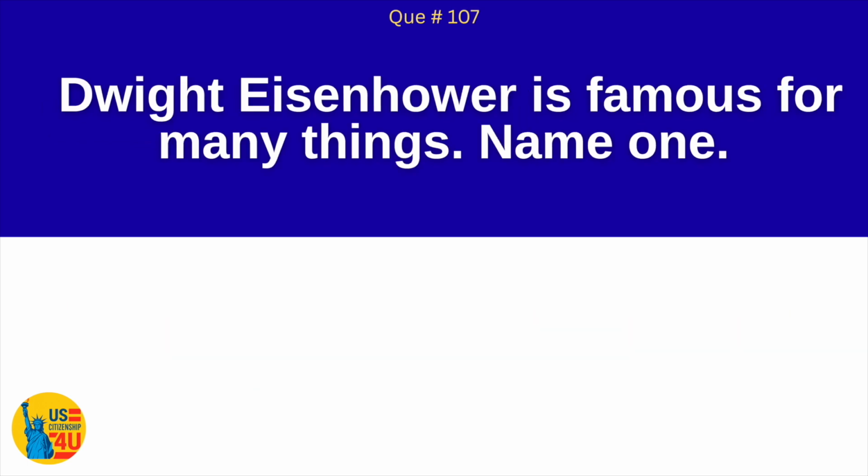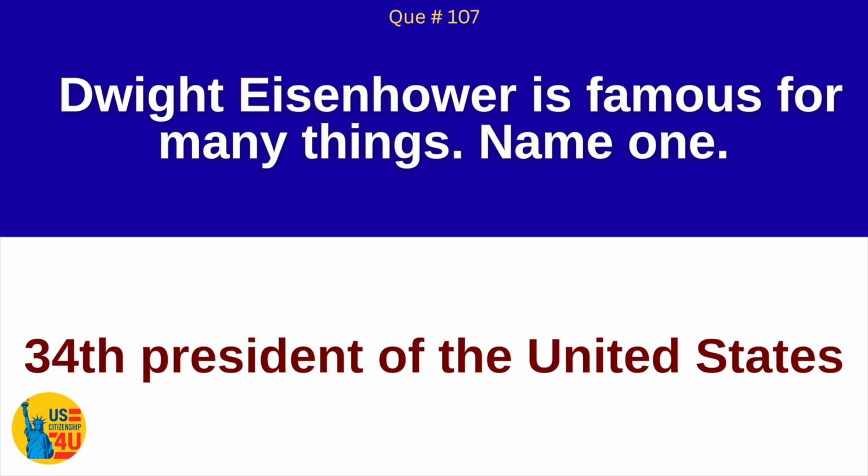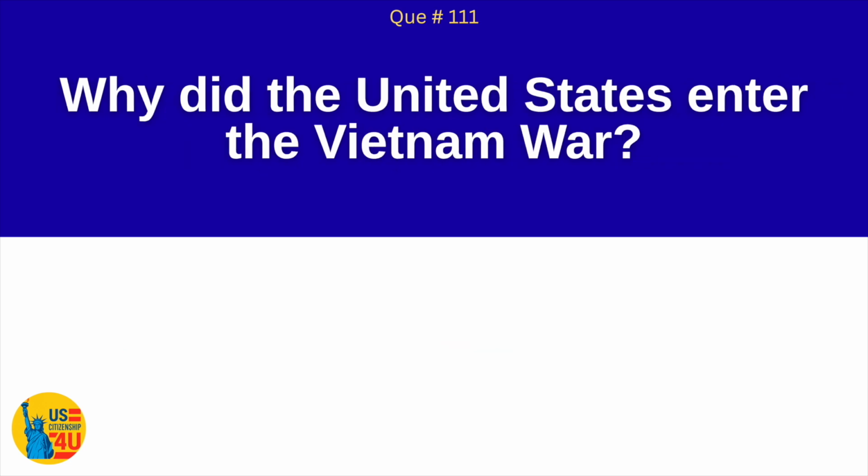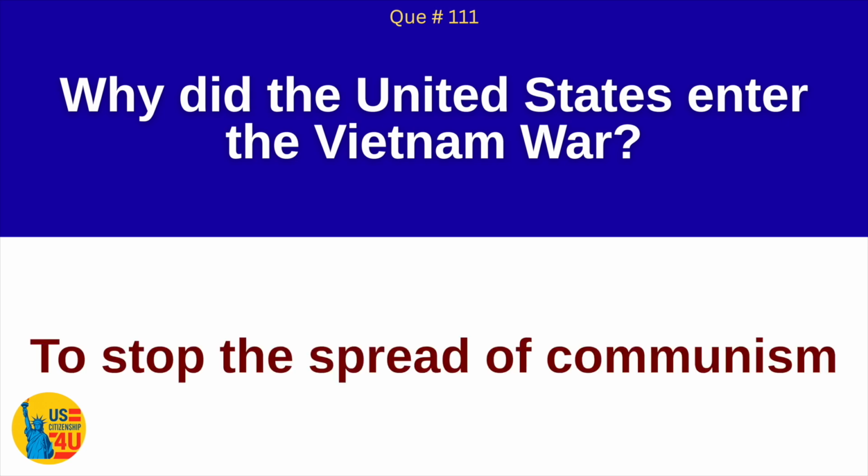Dwight Eisenhower is famous for many things. Name 1. 34th President of the United States. Why did the United States enter the Vietnam War? To stop the spread of communism.